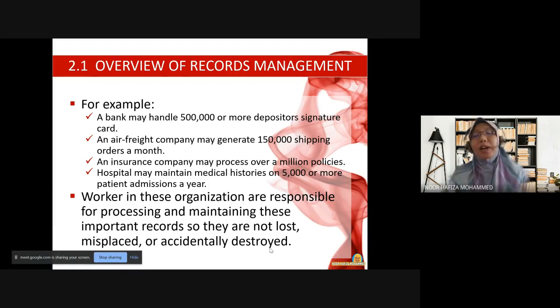You just give them your IC number and they can retrieve your information and your medical history in that clinic. Sometimes we go to a clinic only once. So just imagine how many medical histories a clinic has, especially clinics that are using manual storage, especially vertical storage. Those working in an organization are responsible for processing and maintaining these important records so that they are not lost, misplaced, or accidentally destroyed.